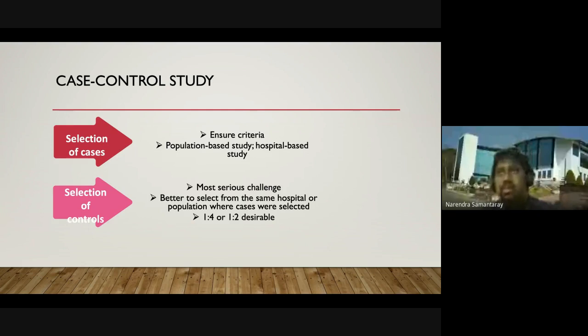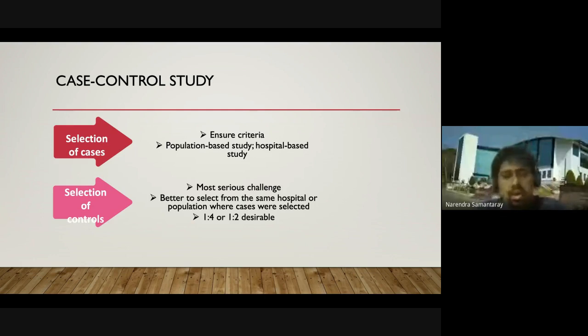Say, for example, we are taking cases of schizophrenia, we're doing a certain study of schizophrenia or anxiety disorder from a hospital. And from there, who can be the controls? Any other individuals who are admitted in the same hospital suffering from other conditions, maybe from the orthopedic ward, maybe the skin ward, or some other kind of ward.